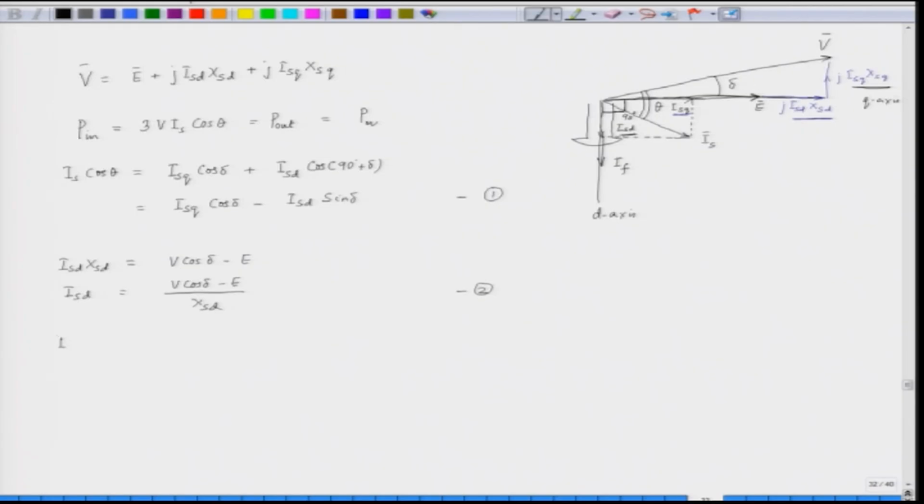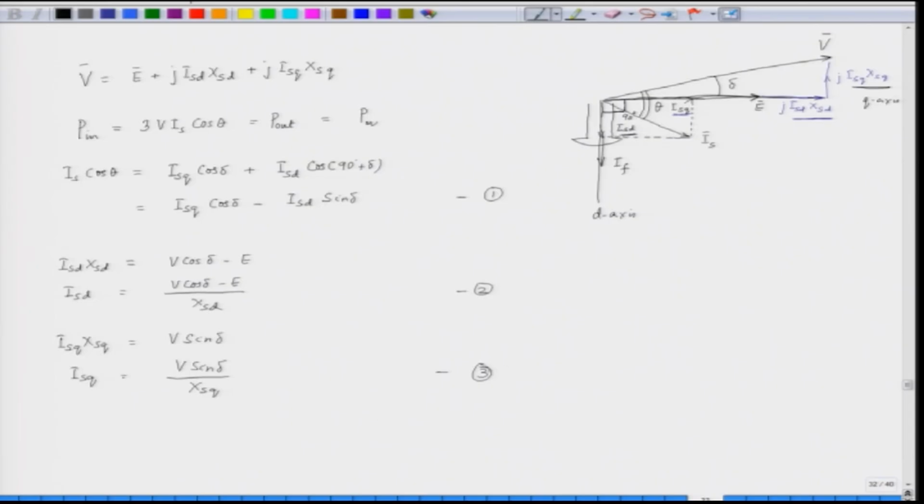So, we can say that I S Q x S Q is equal to V sin delta. So, what is I S Q? I S Q is equal to V sin delta by x S Q. So, this is our equation number 3.